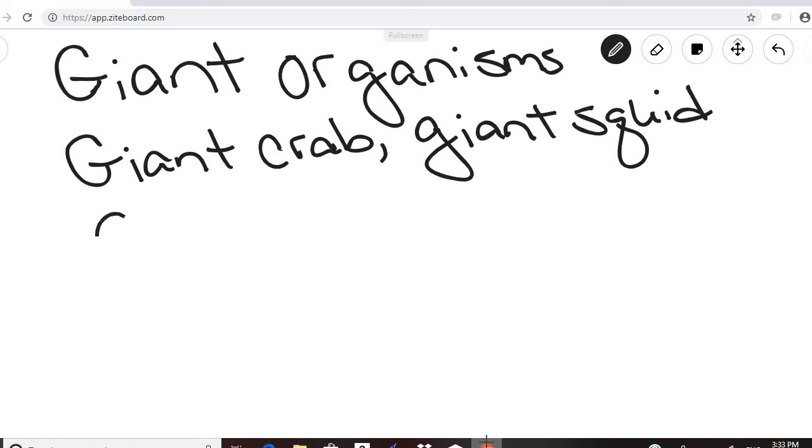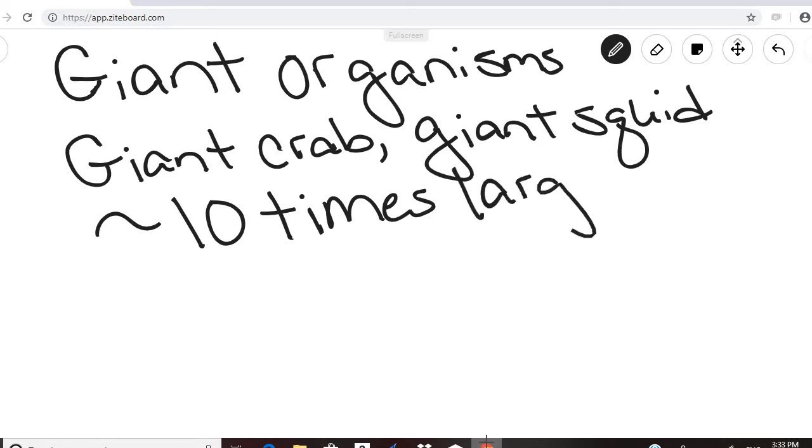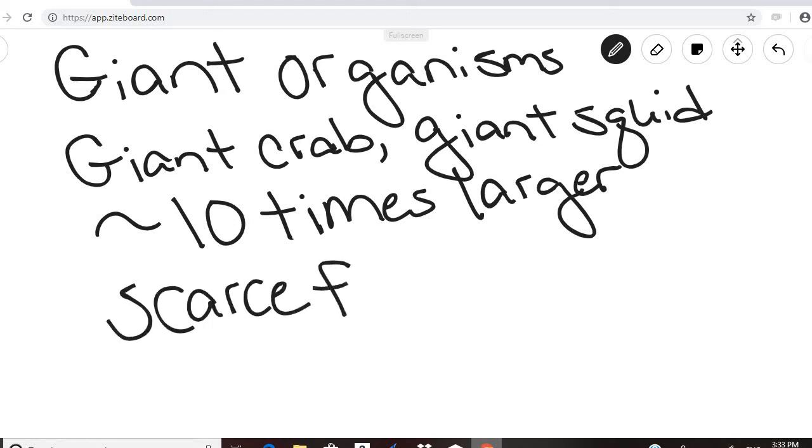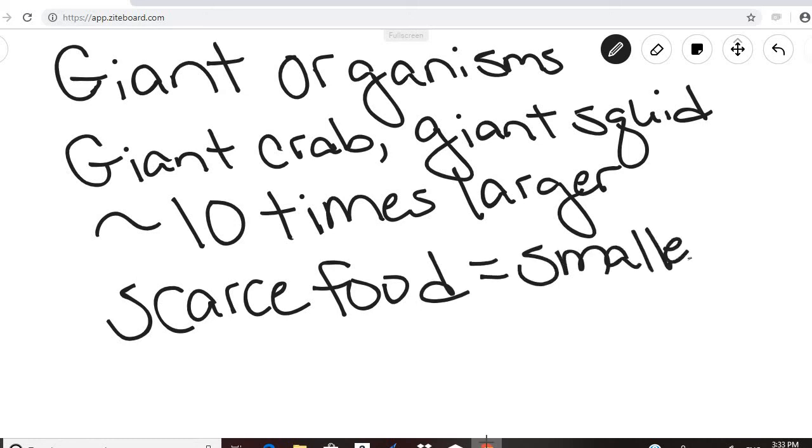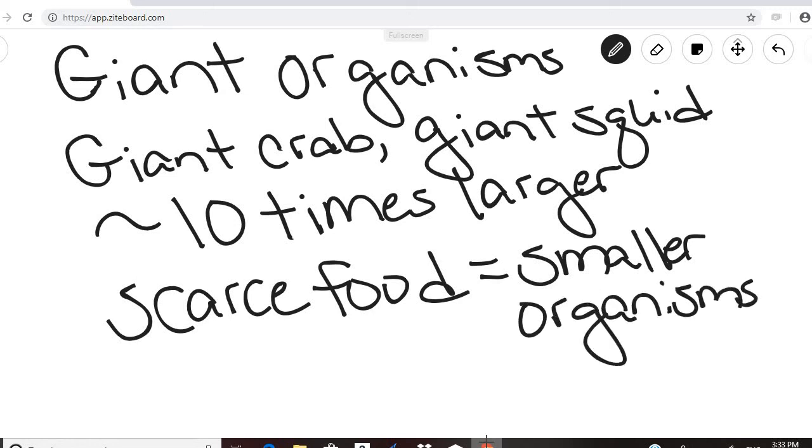And they can be up to like 10 times larger than organisms that are living in more shallow water. The interesting thing about them is that it's assumed that if there is scarce food, that usually means smaller organisms. And so scientists don't really have a good explanation for how these organisms can grow so large.